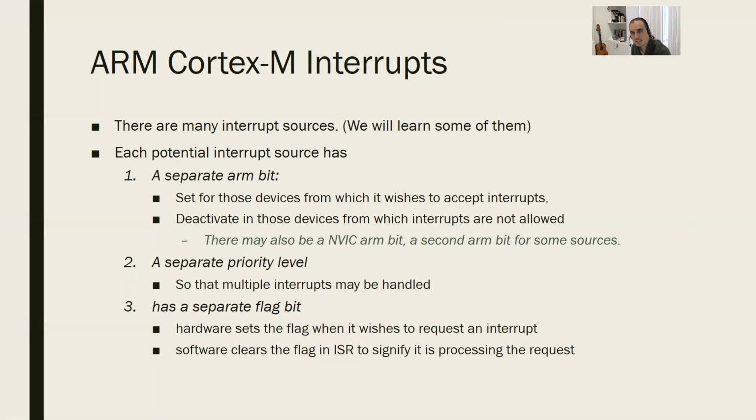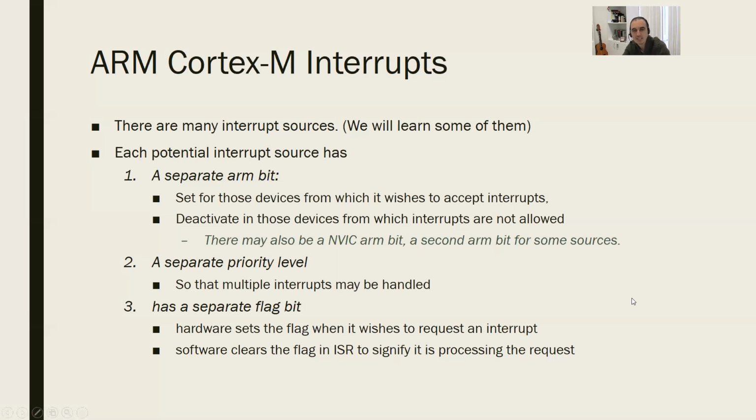The last thing is, when the interrupt comes, that device will change a flag so that you acknowledge it. If that device is not changing a flag, you cannot acknowledge it. And you just lower that flag back in your code so that you say, hey, interrupt, I got you. If you don't do this, you won't be able to get another interrupt from that source. So that's the third step.